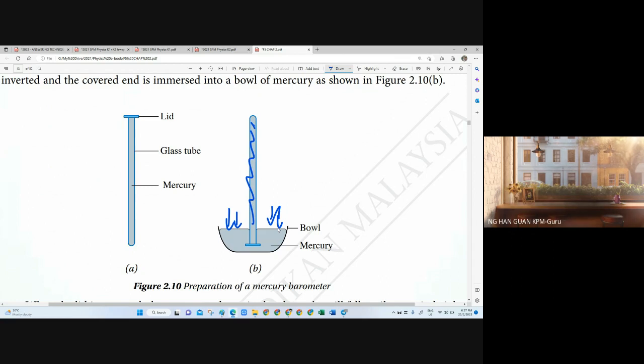Once you let go, with this height of mercury inside, definitely it will be more than atmospheric pressure. So when we remove the dip, the mercury will fall, because at this moment the level here is unable to be held by the atmosphere. Once it goes down until it's the same as the atmospheric pressure, it will stop.